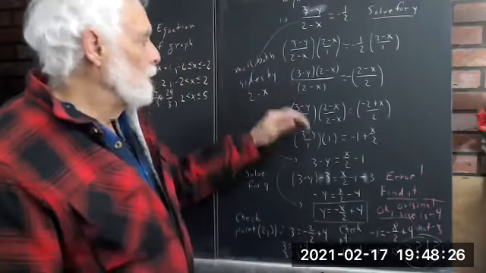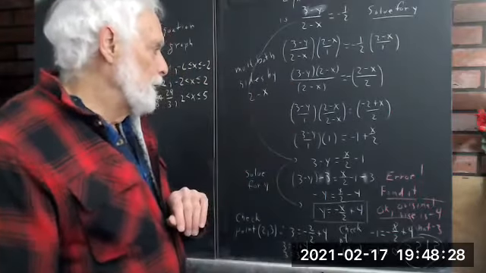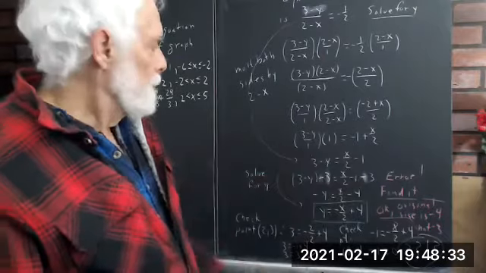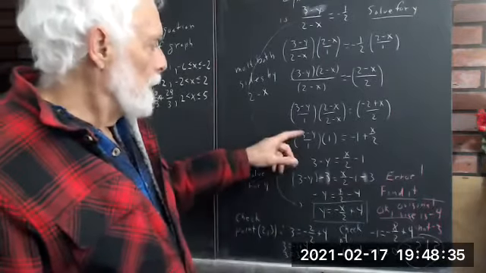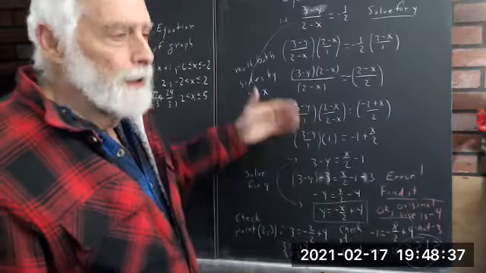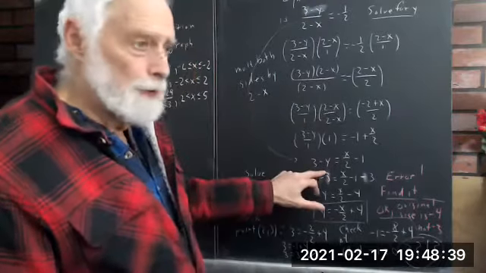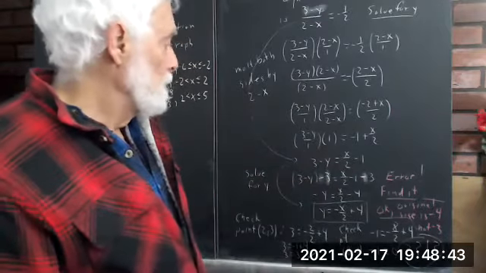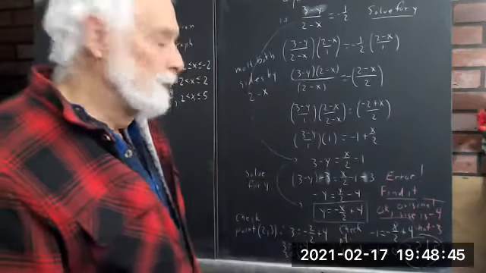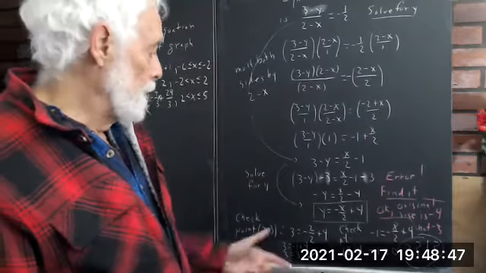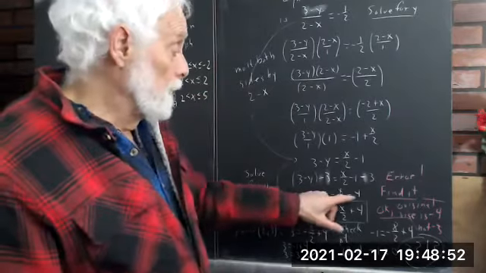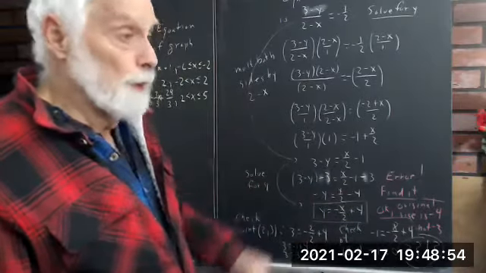So we're down to this point, and then this divided by this is 1, so here we are. And now (3 minus y) over 1 is 3 minus y, and 3 minus y times 1 is 3 minus y. So here's 3 minus y, which equals x over 2 minus 1. Subtract 3 from both sides. And finally, we end up with negative y equals x over 2 minus 4, and there's our equation.